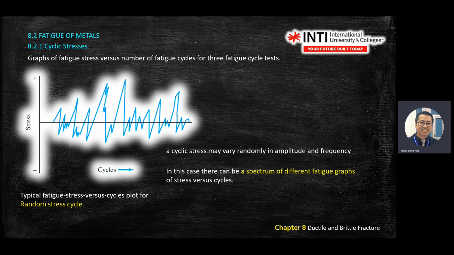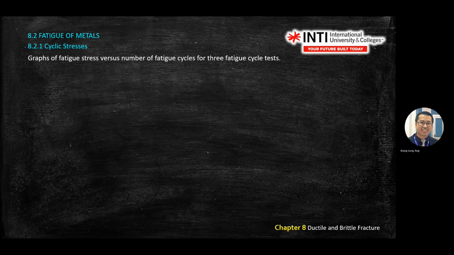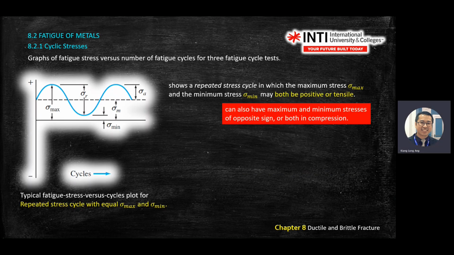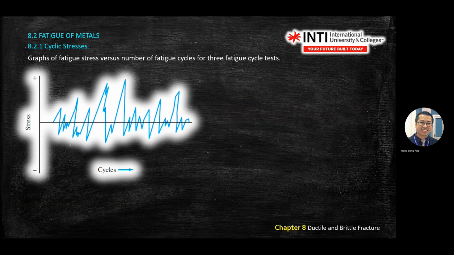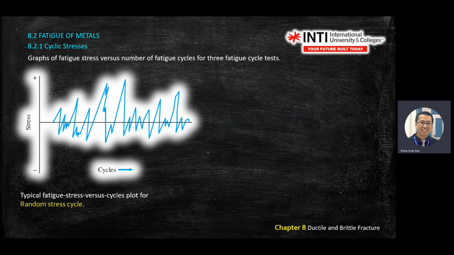So this one is called a random stress cycle. The previous one is a repeated cycle with equal stress max and stress min. But this one is random.